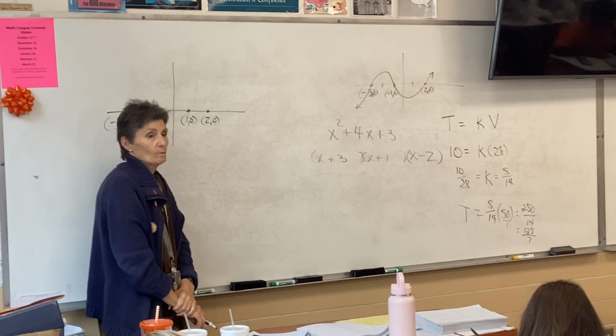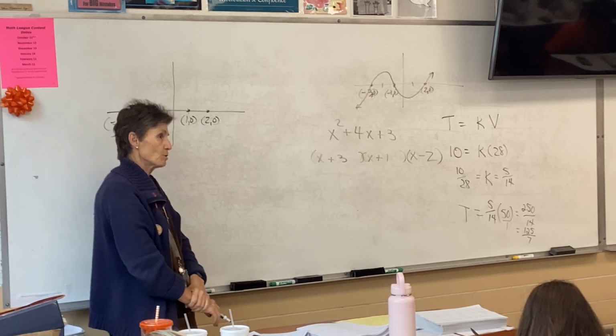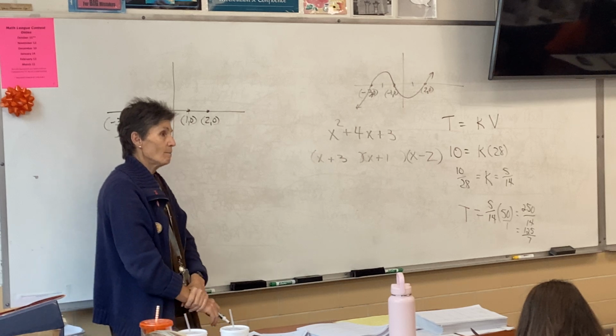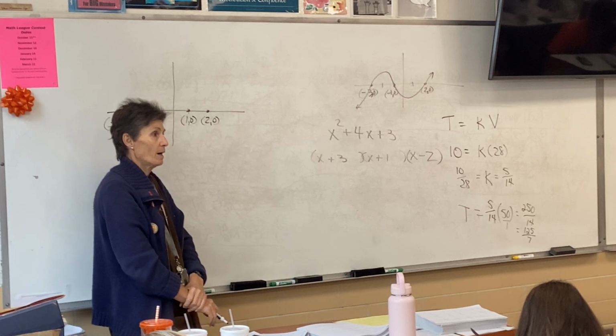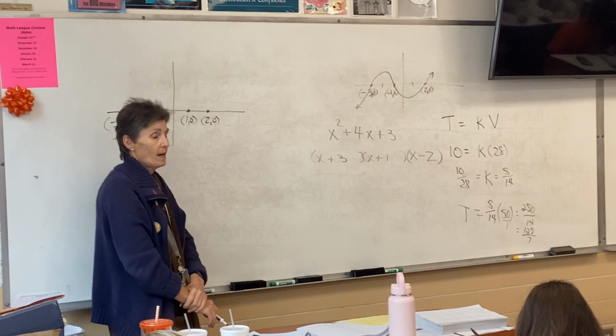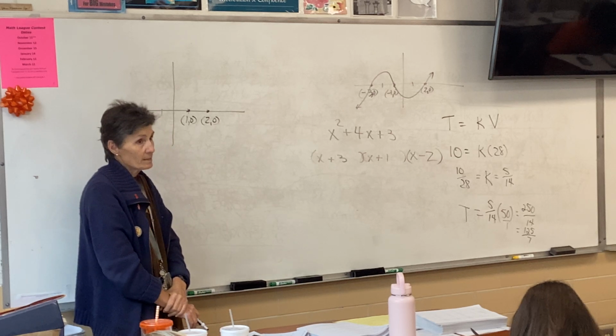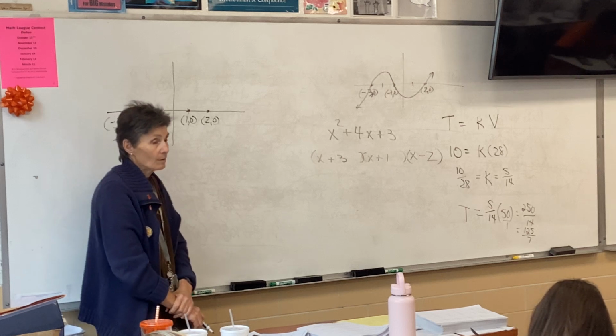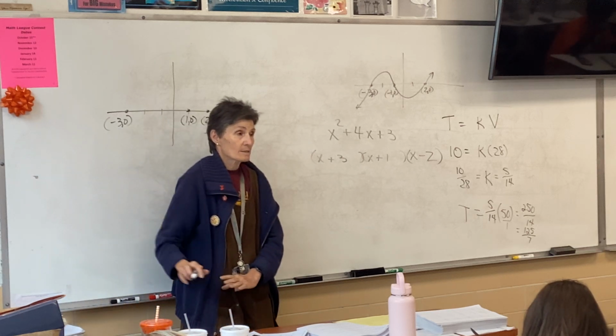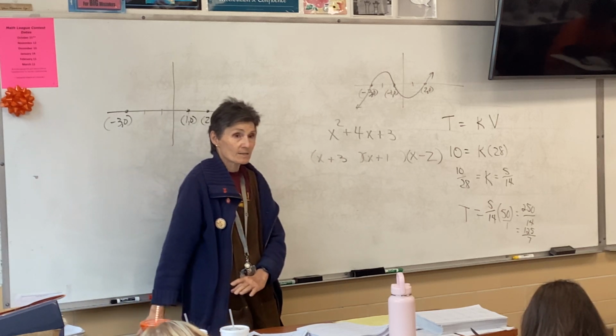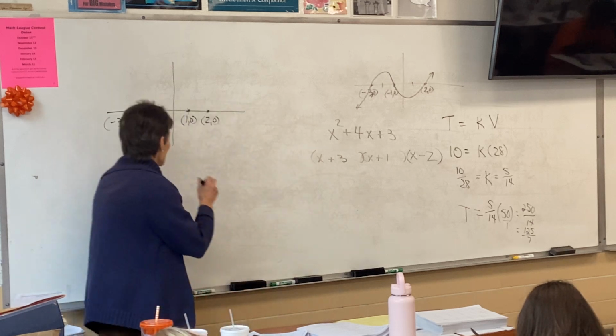Okay. What's the very next thing that should be entering your brain right now? How many x's do I have? 5. That's odd, right? How do odds go? Down. Odds start down, so I'm going to start down here.